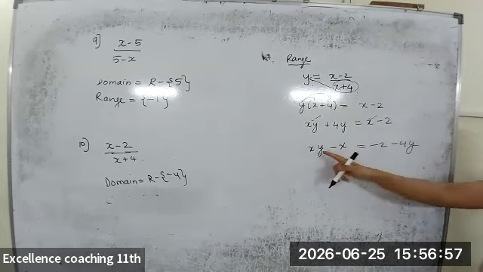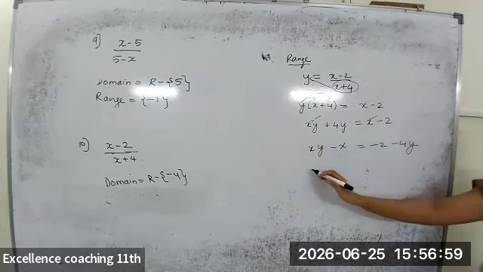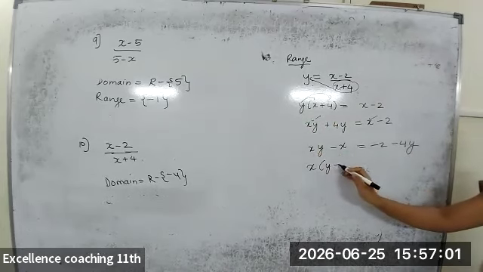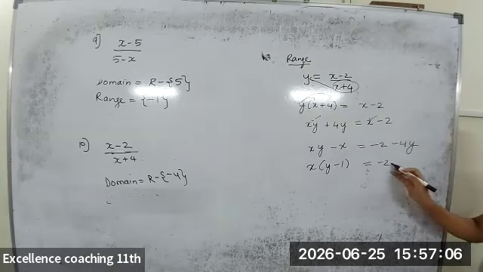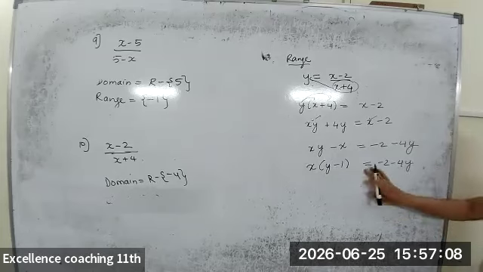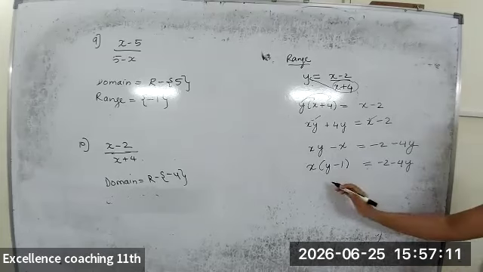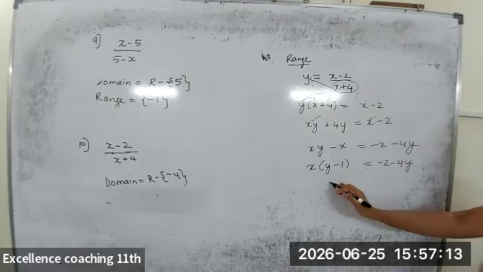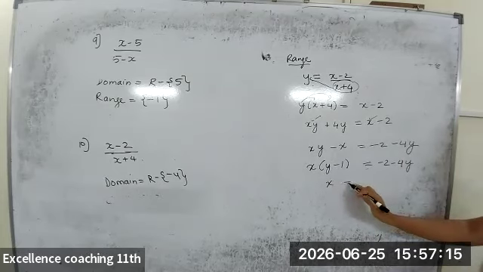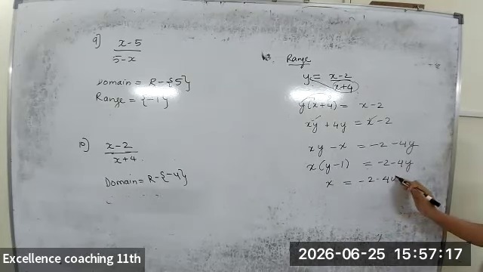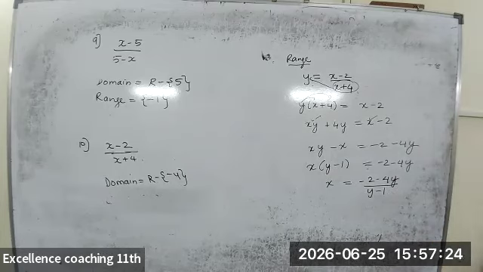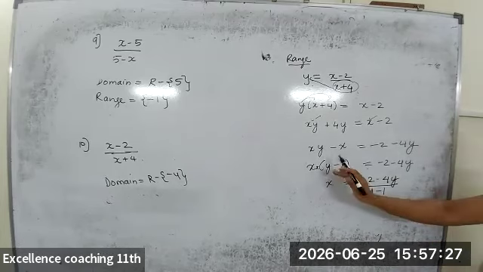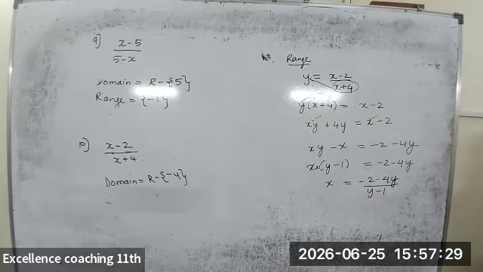Okay. Now check what is common between these two terms. x is common. Take out x common. So one single x will be there, multiplied by this, so this whole thing will come down.